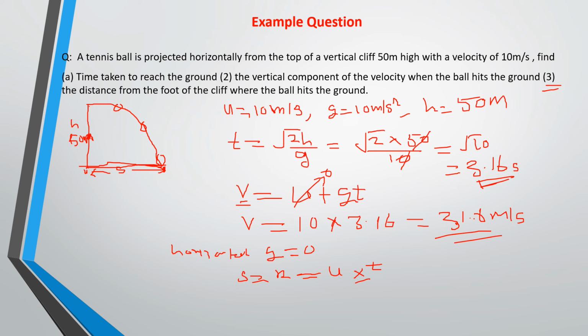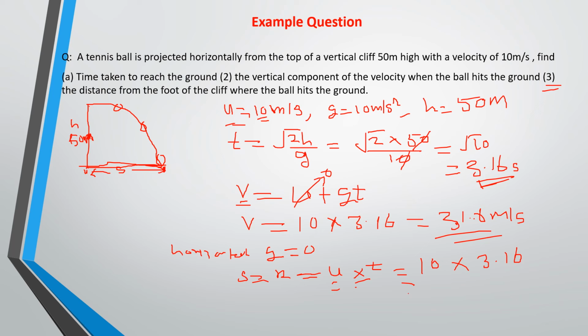So here, the velocity along the horizontal axis is 10 meters per second. That is this 10 here, right? Then the time we got to be equal to 3.16. So just substitute into that formula, you have 10 times 3.16.